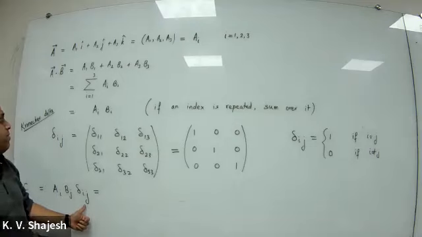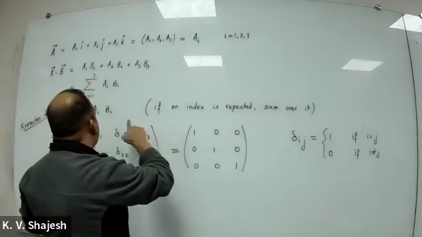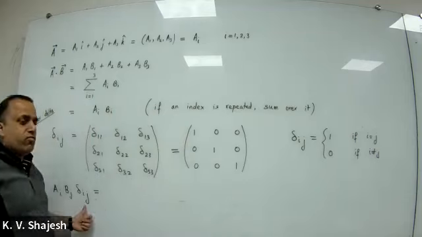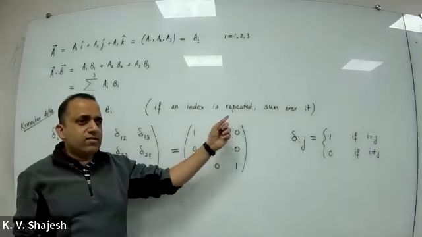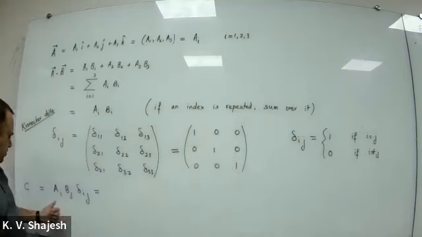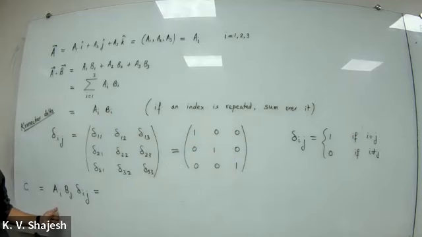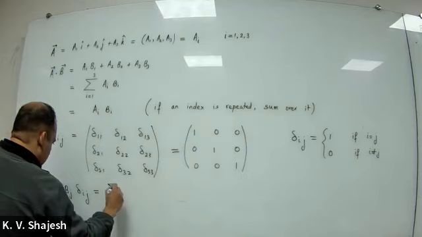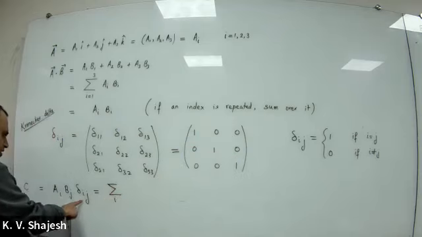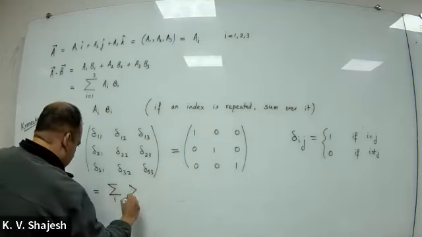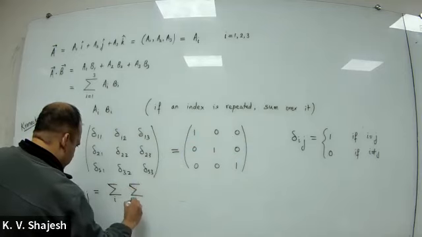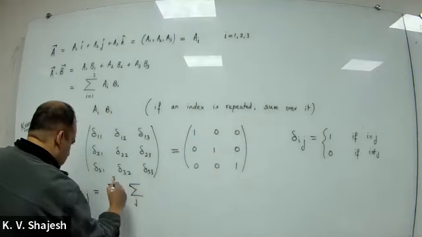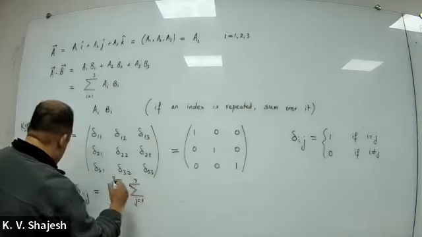But no, remember, we have our index notation. It says that if an index is repeated, sum over it. So these are not free indices. This is actually a sum over i, right? i is repeated, and there is a sum over j. So i is equal to 1 to 3, j is equal to 1 to 3.